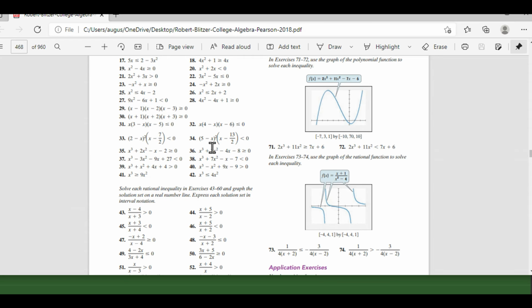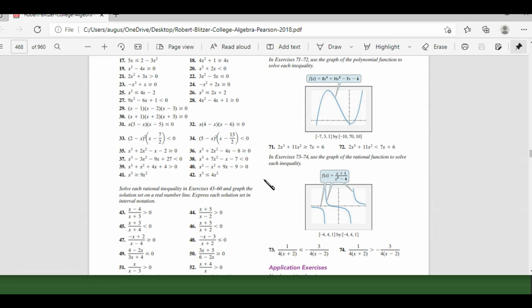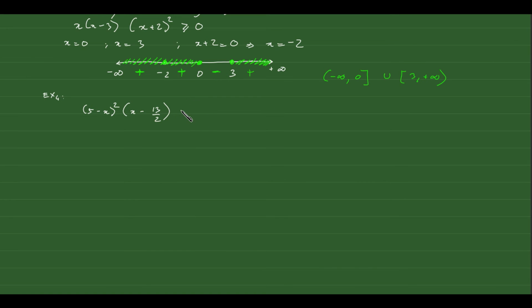How about this? 5 minus x squared and x minus 13 over 2, and we want it less than 0. Alright, so that's a good thing because it is in factoring form already, so you just go ahead and solve for the value.